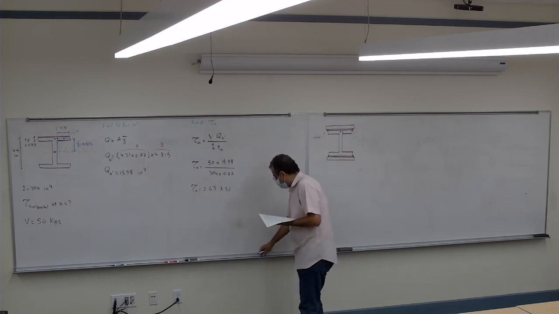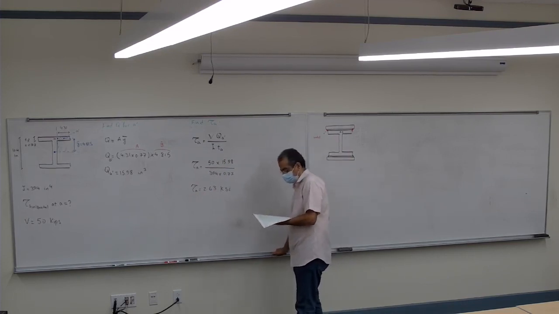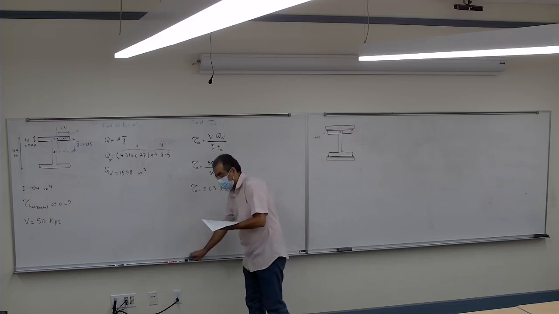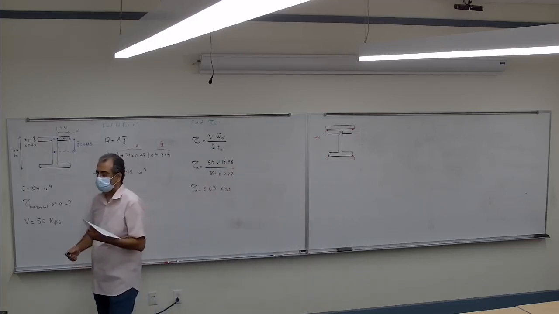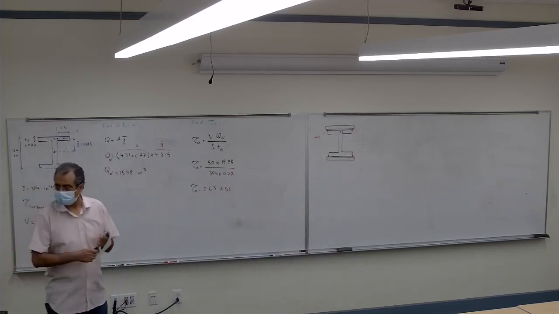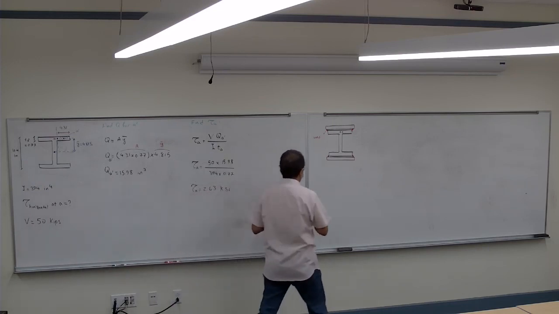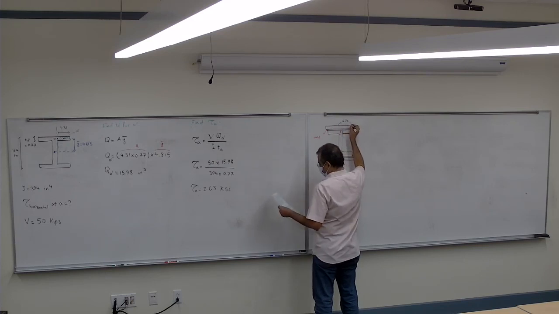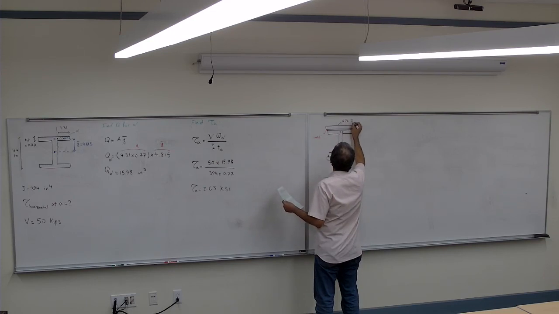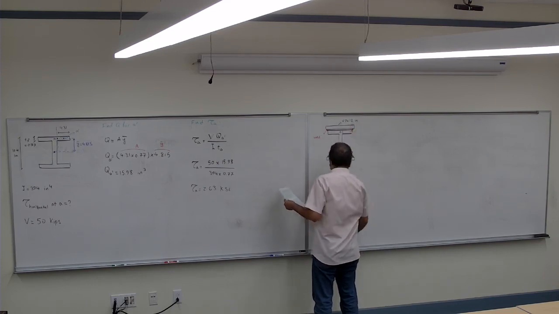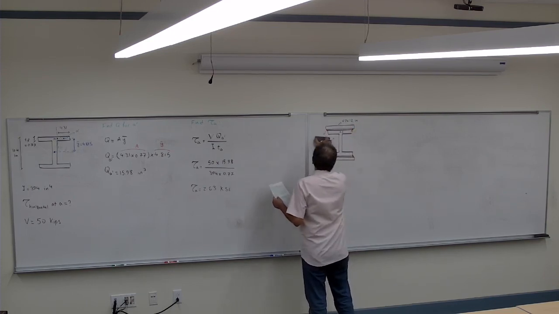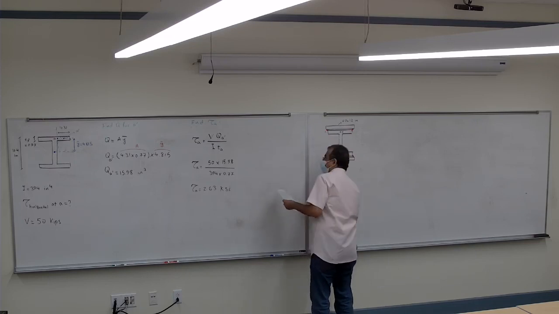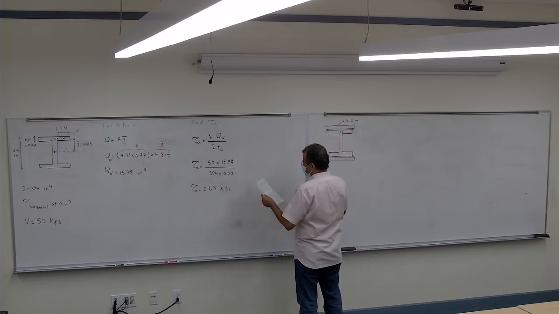Now if I weld them there, how much would the shear stress be? The plate is 0.7 by 12 inch, so it's 0.7 height. The rest of the dimension is the same as what we had before.